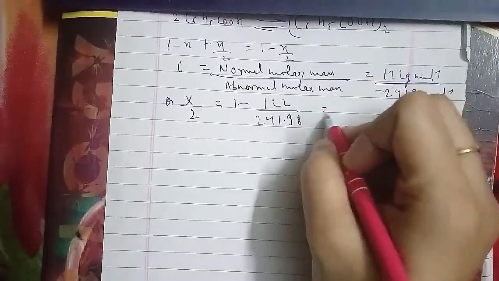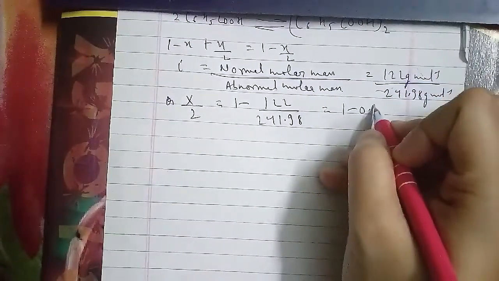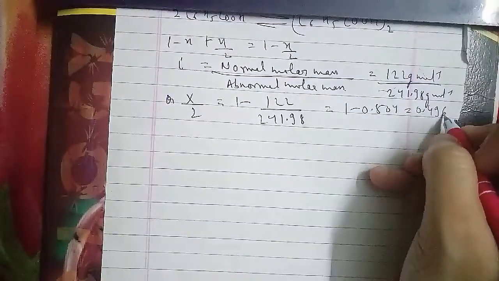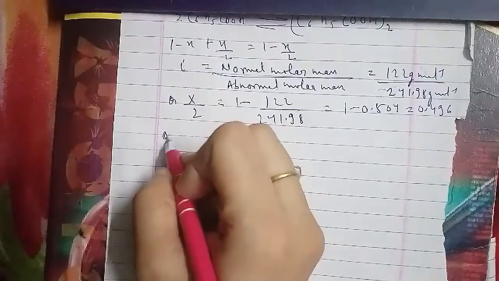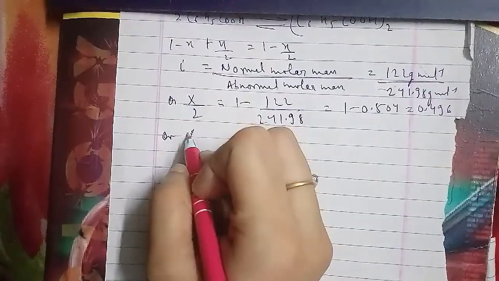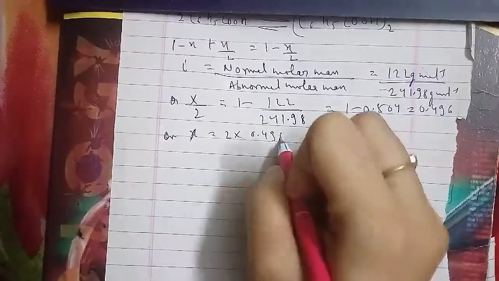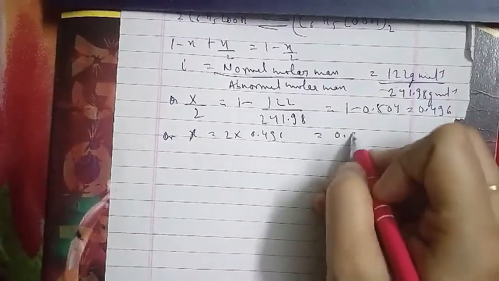Or we can say that x equals 2 into 0.496, which is 0.992. Therefore, the degree of association of benzoic acid in benzene is 99.2%.